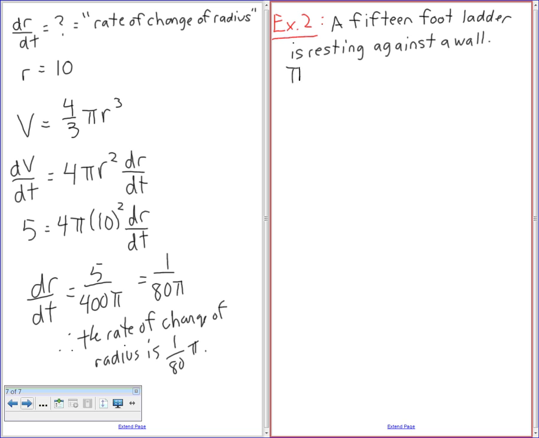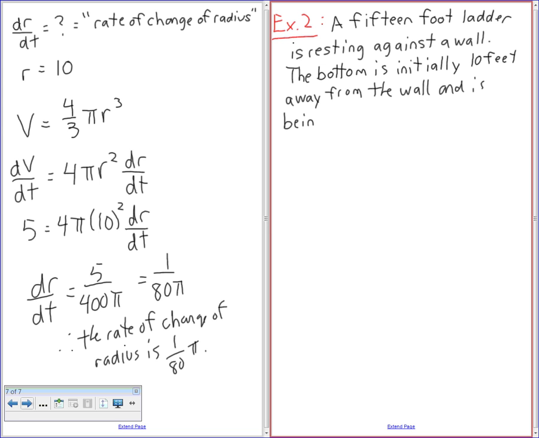The bottom is initially 10 feet away from the wall, and is being pushed toward the wall at 1/4 feet per second.